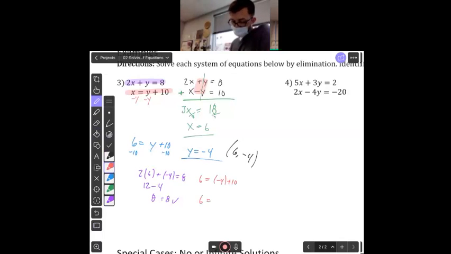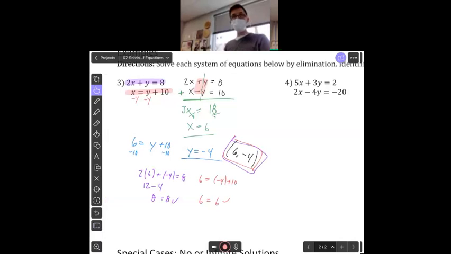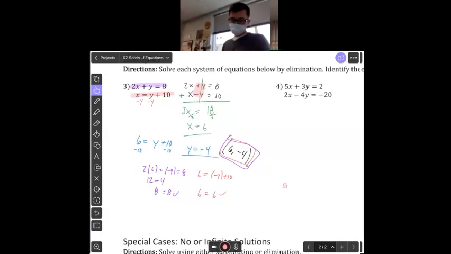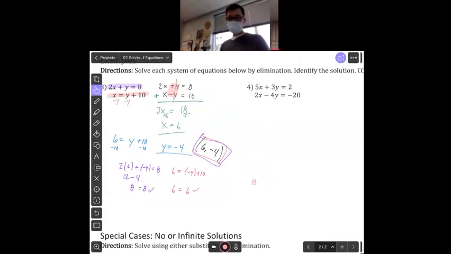And -4 plus 10 is 6. So that was a very easy elimination problem. We just had to do one little thing, and it was ready to eliminate.